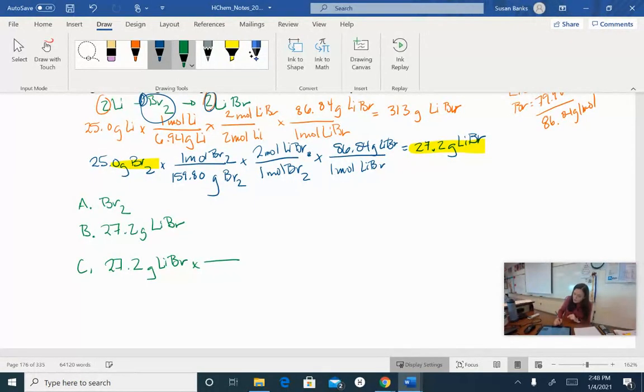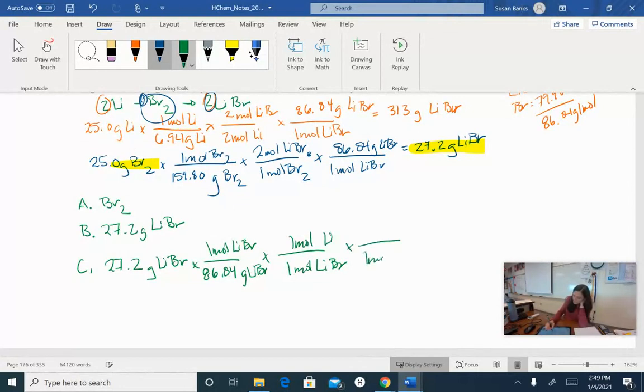So I need to go to moles. In 1 mole of lithium bromide, I have 86.84 grams of lithium bromide, right? And in 1 mole of lithium bromide, I have 1 mole of lithium.